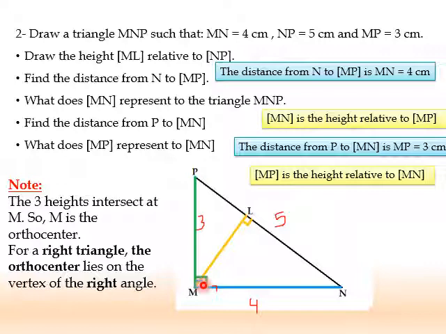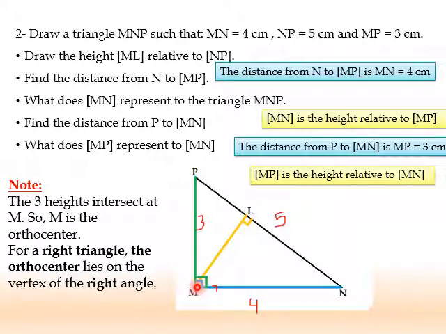Here we should note that since PMN is a right triangle, this is the first height PM, the second height LM, and the third height NM. They intersect at which point? At point M. So M is the intersection of the heights, so M is the orthocenter. But here angle PMN equal to 90 degrees.